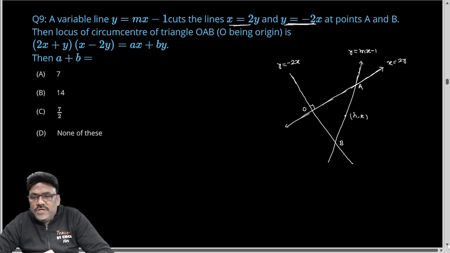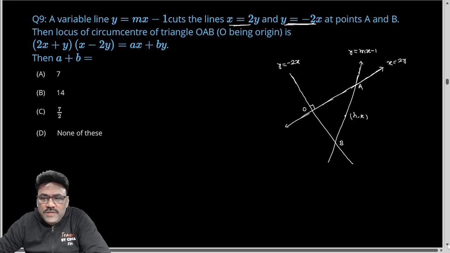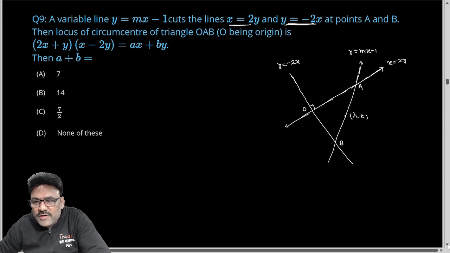Now let's find the coordinates of A first. So how will you get A? Just solve y is equal to mx minus 1 and x is equal to 2y.